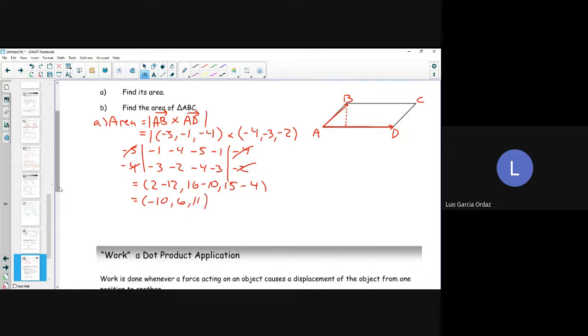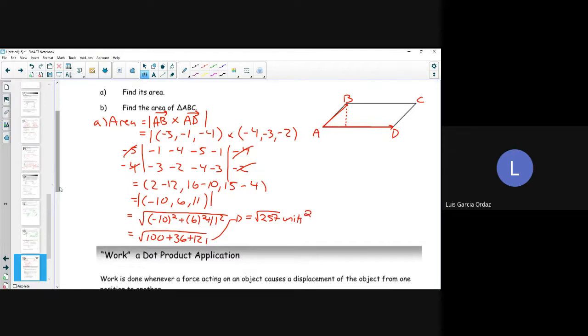And because we want to find the area, which is the magnitude, I need to take the magnitude of (-10, 6, 11). And what we learned from this unit is we take it by squaring all of the components in the vector and taking the square root of it. So I get 100 plus 36 plus 121, and that gives me the square root of 257 units squared.